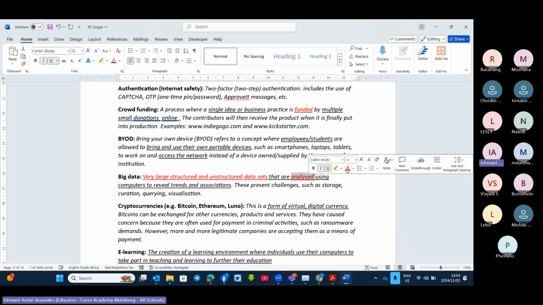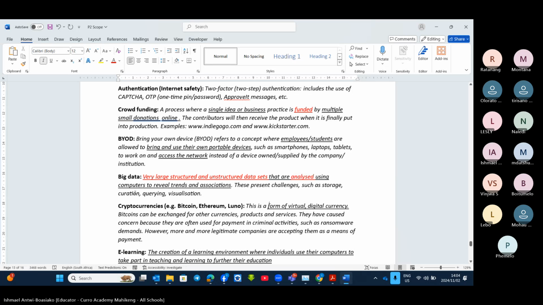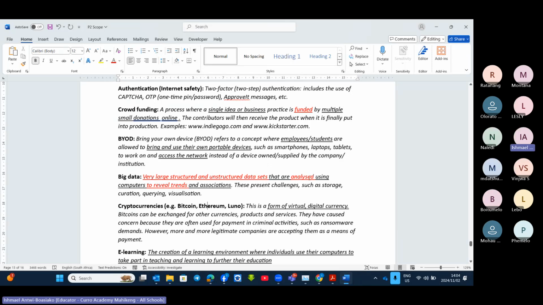They are analyzed to reveal trends. Right, so these are the keywords when you are defining big data. It's a very large structured and unstructured data set that is analyzed in order to reveal trends.